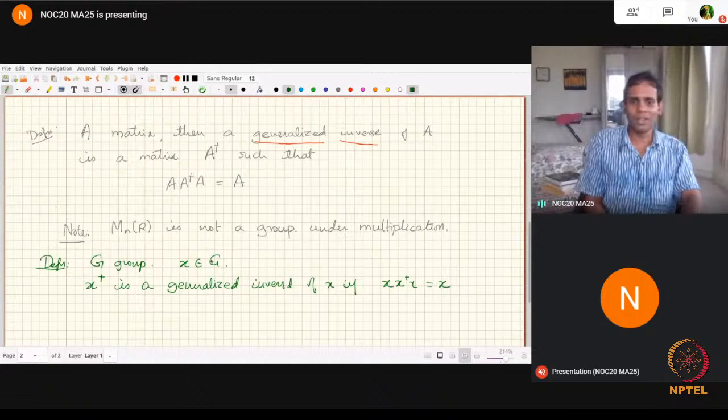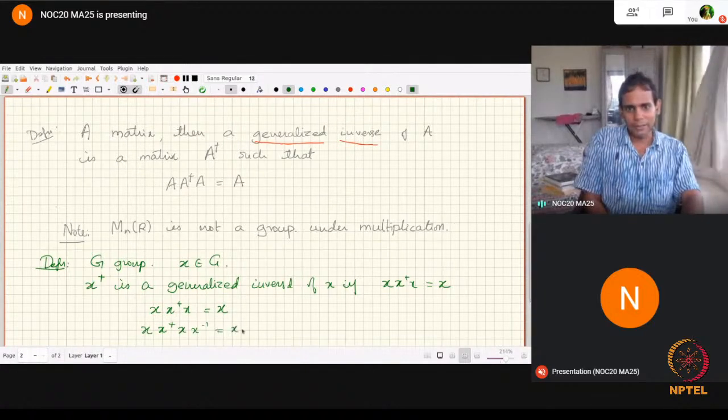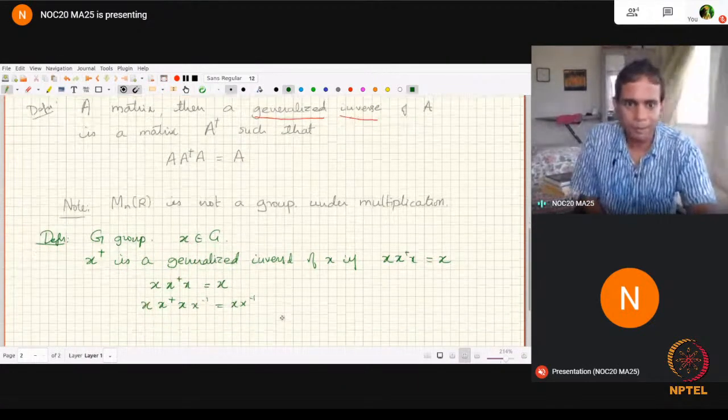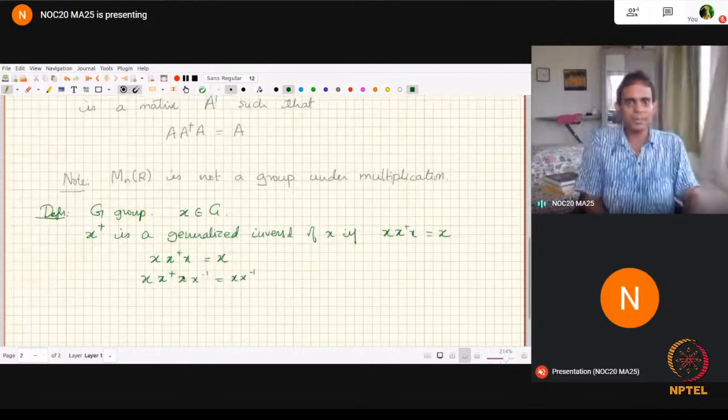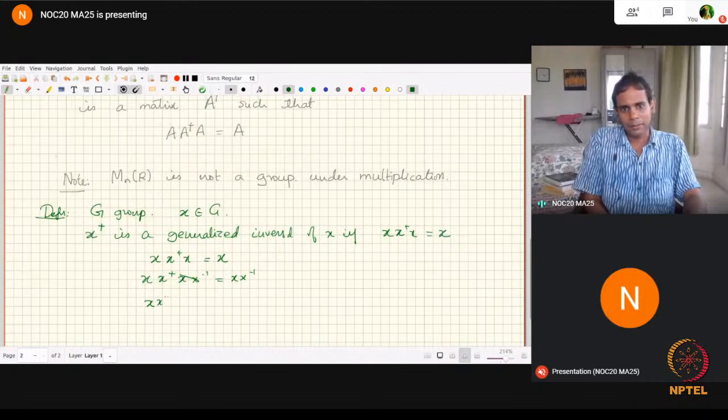But this is not at all going to give you anything new in a group, because if X plus X is equal to X, you can multiply both sides on the right by X inverse, and you'll get X plus X X inverse is X X inverse, which means that this X X inverse cancels out, and here you get identity. So what you get is X plus is the identity, which means that X plus is X inverse.